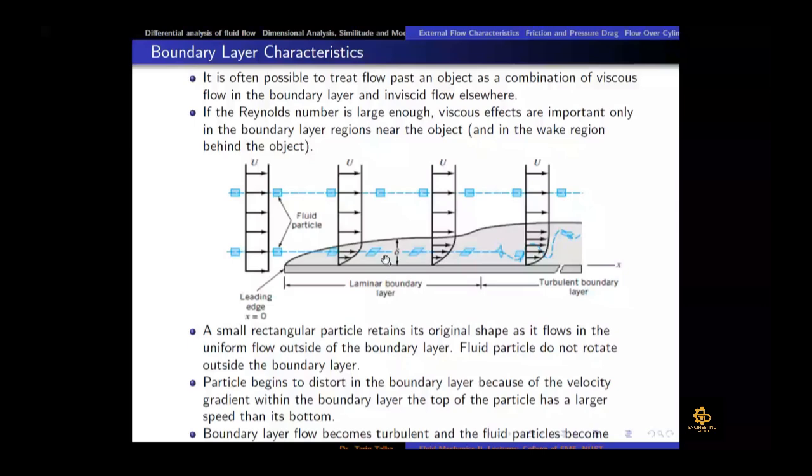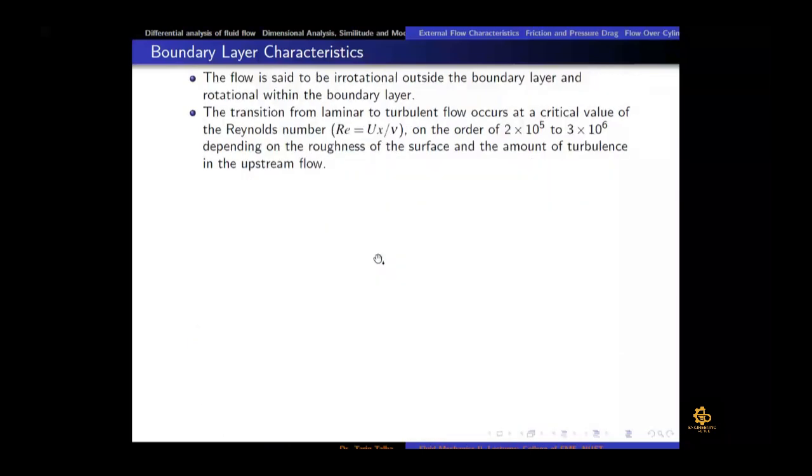Now the transition from laminar to turbulent flow occurs at a critical value. For a perfectly smooth plate it is 5 lakh, but because plates usually have some finite roughness, the flow transition for a normal plate would occur between 2 lakh and 3 lakh, depending upon the roughness and the amount of turbulence in the upstream flow.